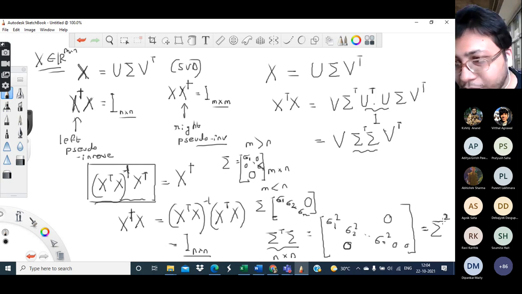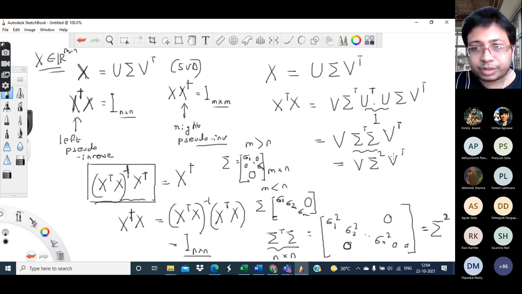This square does not indicate that it is being multiplied by itself. It simply means that it contains the squares of the singular values. So I am writing this as V sigma square V transpose.